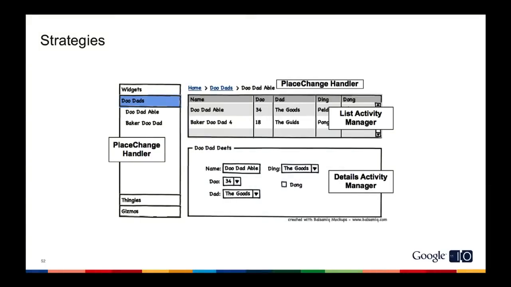It can just listen for place change events directly. That's why we have a place change handler over there. You could make it an activity, but it doesn't really buy you anything. You just listen for the place change events and then update the UI showing a new selected item. So that's how you can have the notion of a composite place. You just have one place, but then you can have each activity respond to that place change.